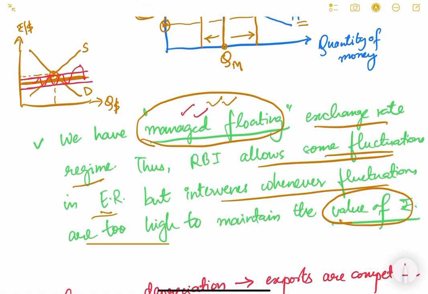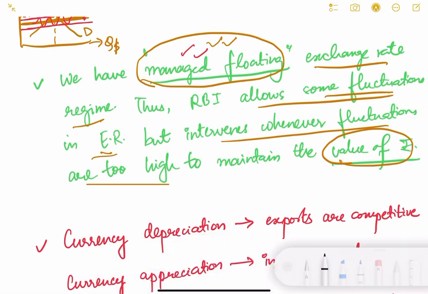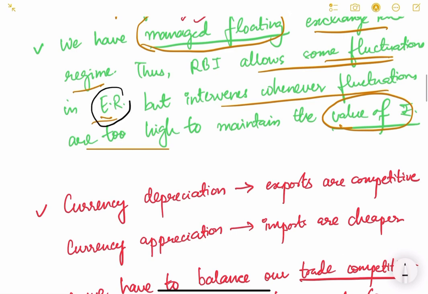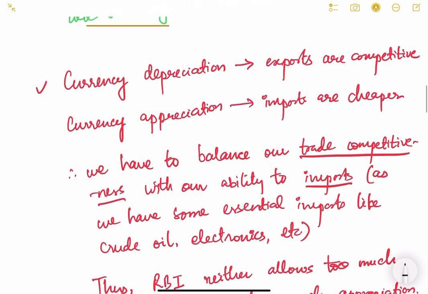We have already studied this, and we have to keep in mind that we have a managed floating kind of system in our country, because we are going to look at the relationship between exchange rate and interest rate. Next, whenever there is a currency depreciation, for example our rupee depreciates, it means the value of the rupee in terms of dollar decreases.